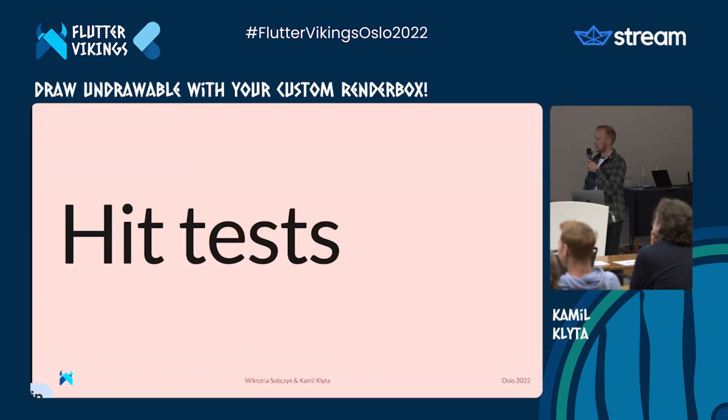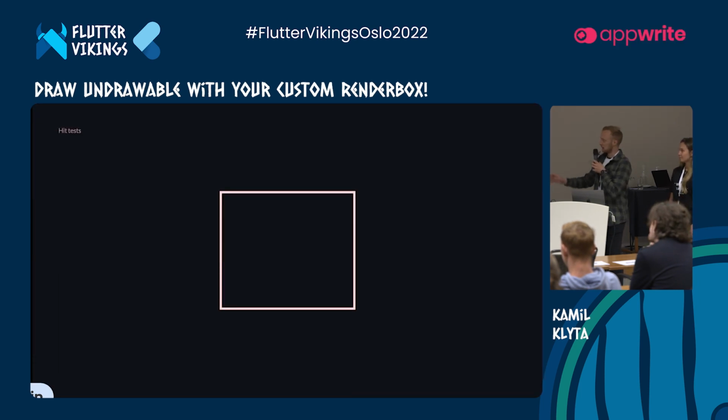So hit tests basically are the mechanism for determining whether the position is included in our widget, in our render box. So we can imagine that this square is basically our render object, and this is the event, the position of the finger on the surface of our smartphone. And yeah, we should mark this position as not included in our render box.